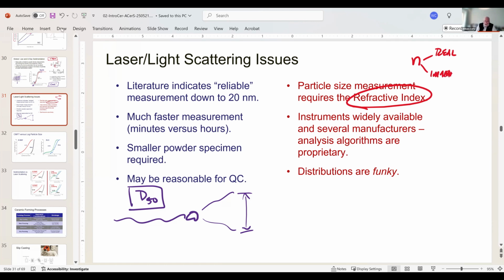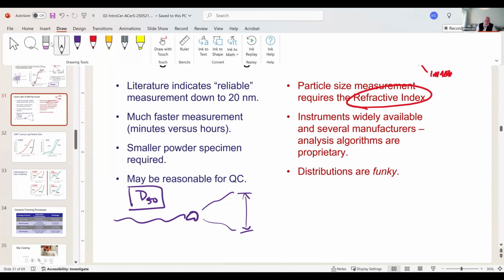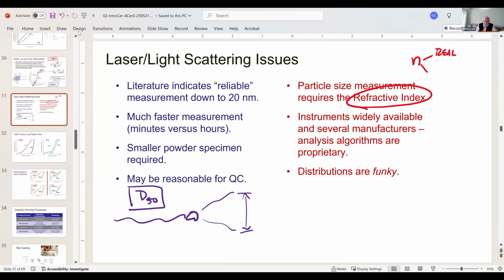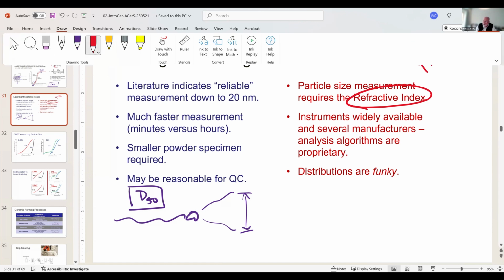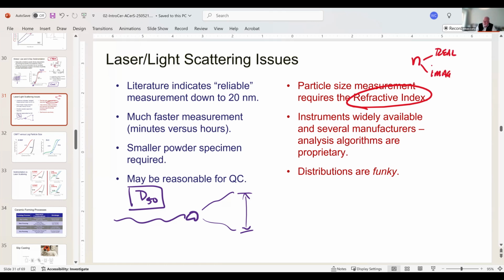The imaginary part is important for particles which are opaque. So you have two components to every refractive index value, real and imaginary. That's a very difficult number to get, and it's important because of how it treats that data, and it needs it for looking at the scattering behavior.